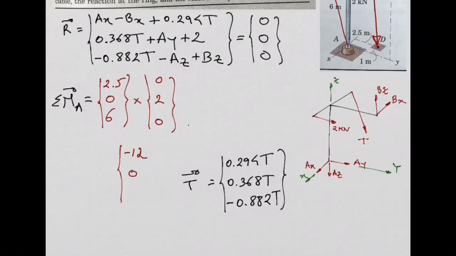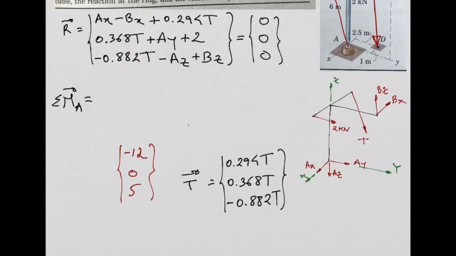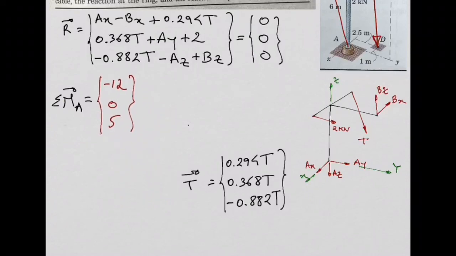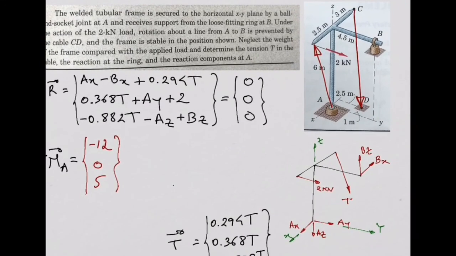In the Y direction we have 0. In the Z direction we have 5. All agree with this? Let's move this one here. So this is the moment produced by this 2 kilonewton force. We completed.